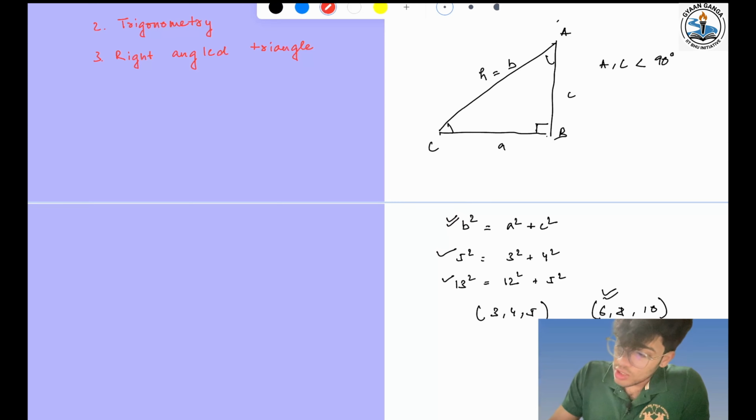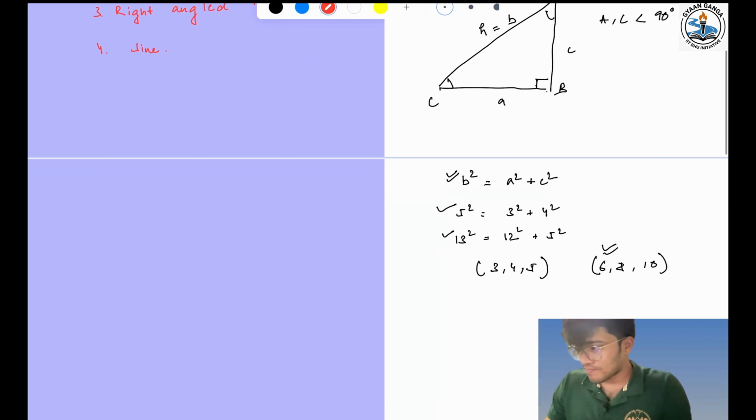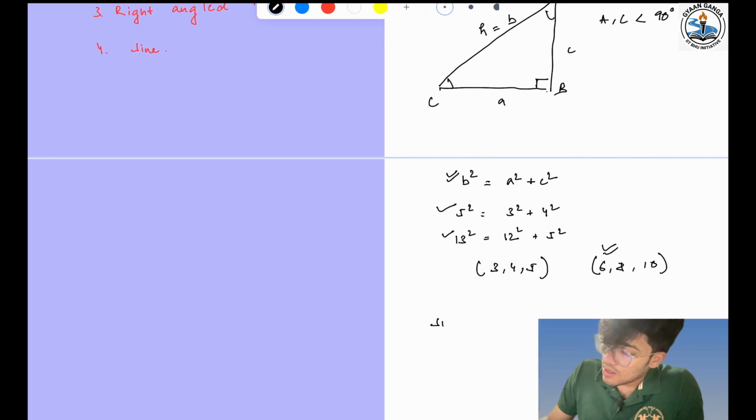Now let's move on to sine. Now sine of an angle. So sine is actually a function, but let's say I say sine x.